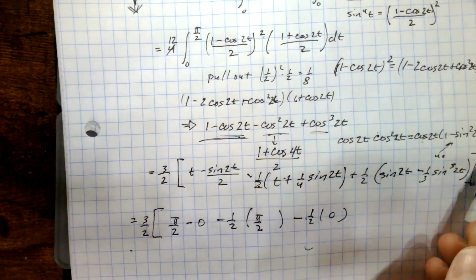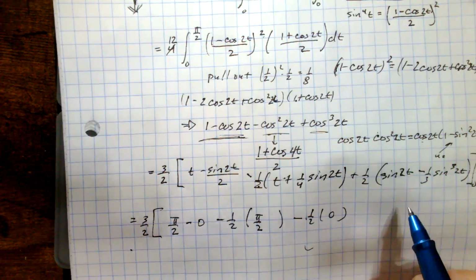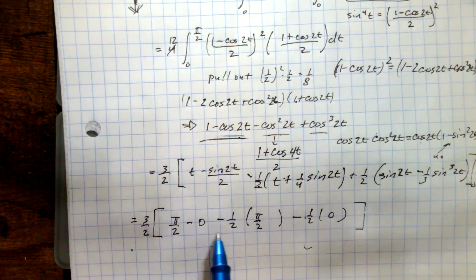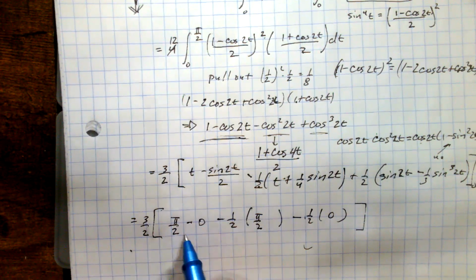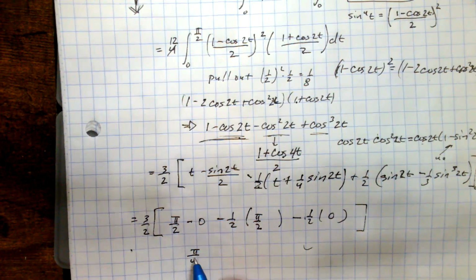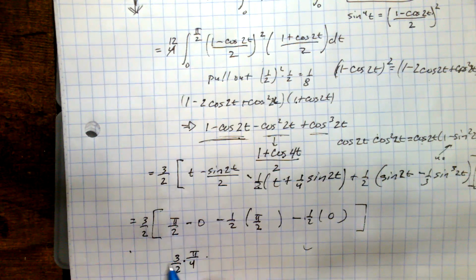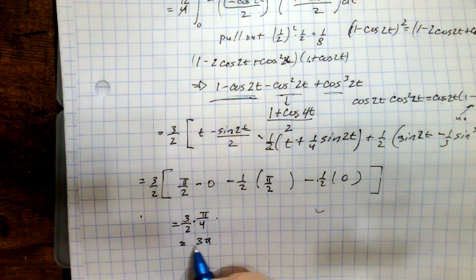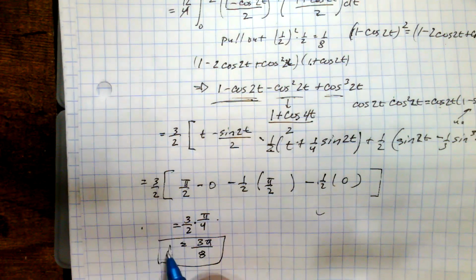If you're wondering why it's zero, it's because the pi over 2 and the 2 cancel out, and this leaves a sine of pi, which is why all those are zeros. So this is going to leave pi over 2 minus pi over 4, so it's going to be pi over 4, times 3 halves. So this is going to equal 3 pi over 8. Okay, so that is then the total area.